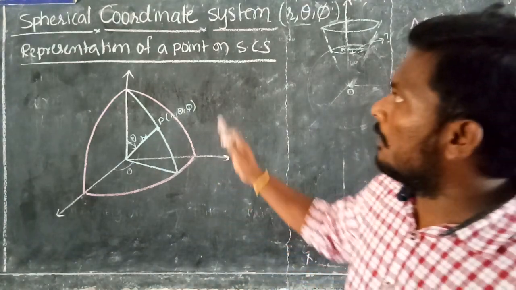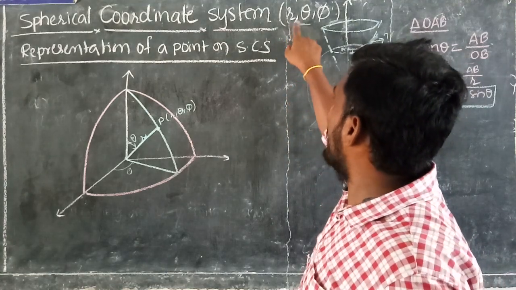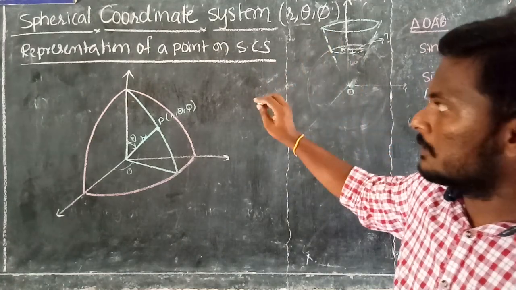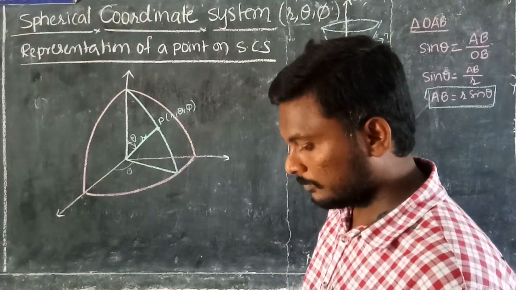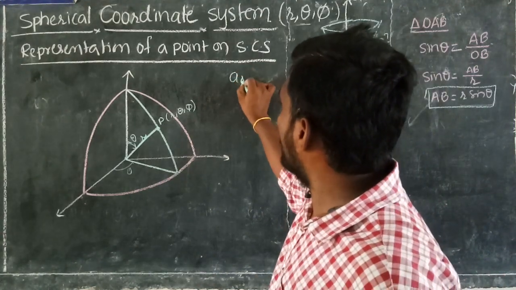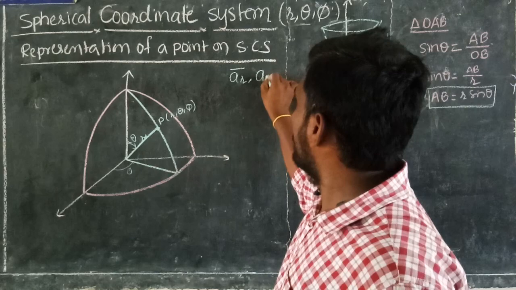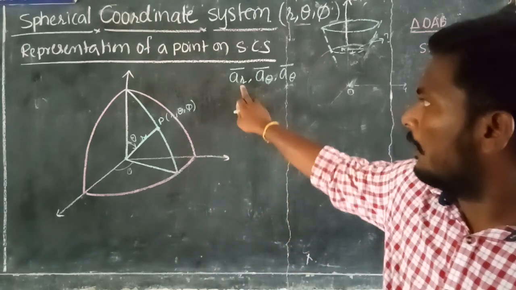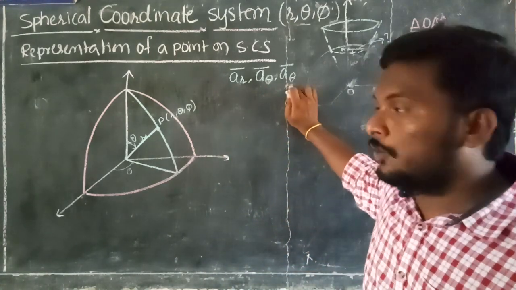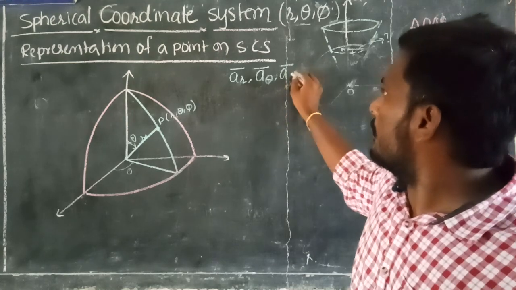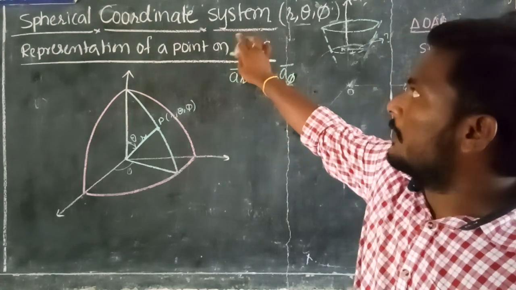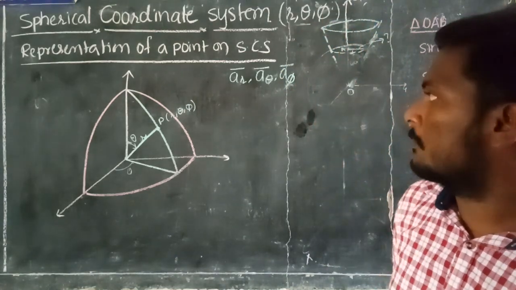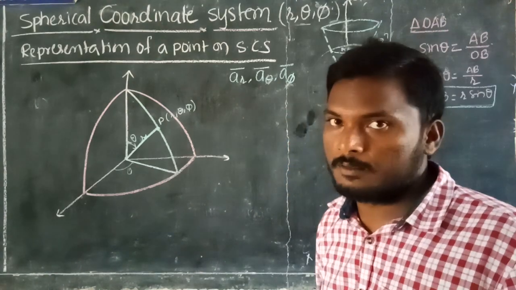In the spherical coordinate system, r, theta, phi are the coordinate axes, so we have a r, a theta and a phi as the unit vectors. These three unit vectors are the base vectors.